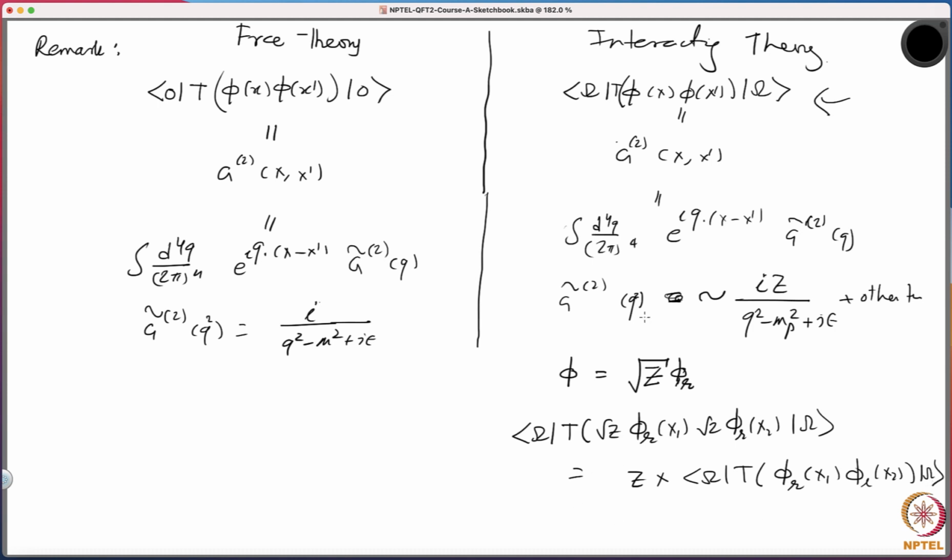And now if you calculate G tilde 2 with this normalization of fields, then your G tilde 2 will not involve z, because you have got a z here and that z will cancel. So you can get rid of z by choosing a different normalization of the fields, and that is why this factor of z is also called field strength renormalization.